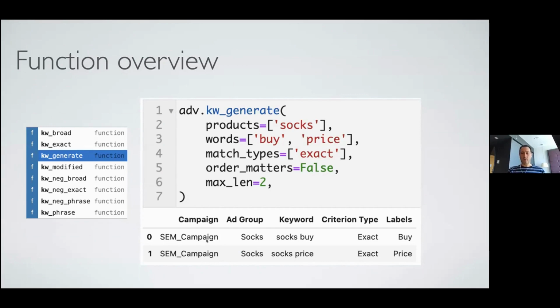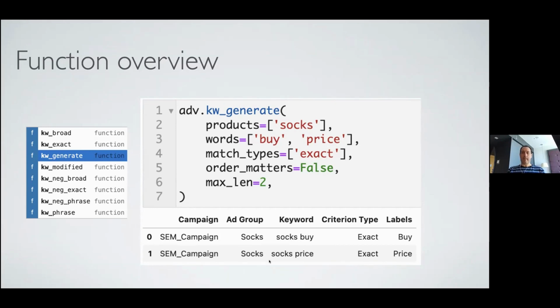The first thing to notice is that every product that you have goes into its own ad group. Now we have a list of one product, so we have one ad group. We have a bunch of words that signify the intention of buying in this case. And in this very simple case, we just thought of two words, buy and price. As you can see, each product here gets combined with each one of these words.